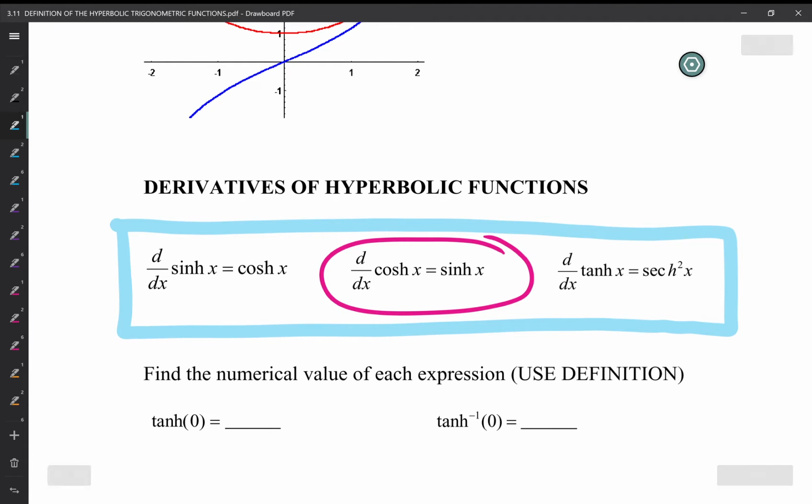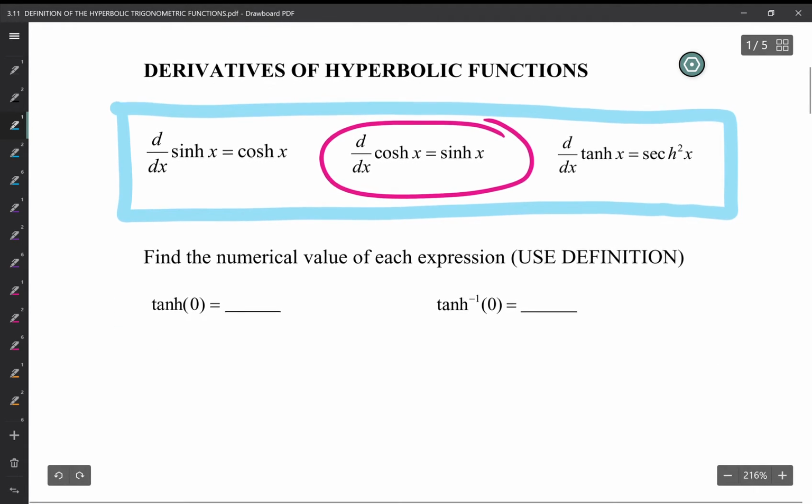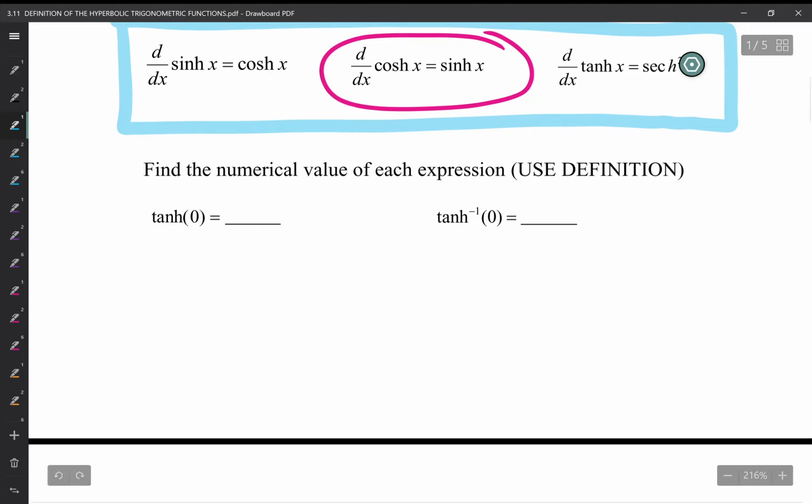Now let's use our definitions in order to evaluate some hyperbolic expressions. First, we want to find the hyperbolic tangent of 0. The hyperbolic tangent is equal to the hyperbolic sine of x, in this case 0, over the hyperbolic cosine of x, so the hyperbolic cosine of 0.